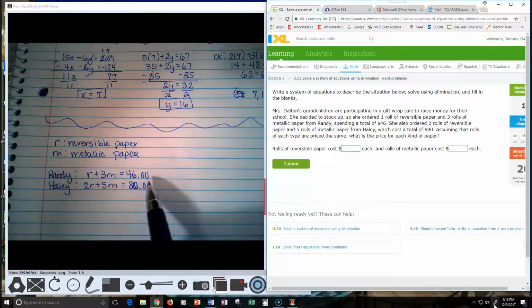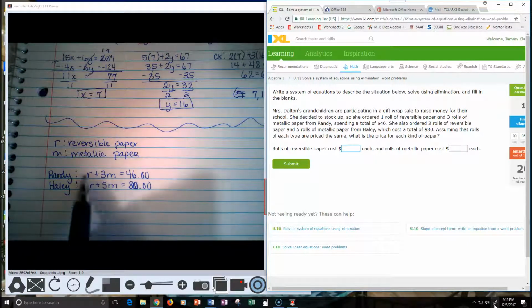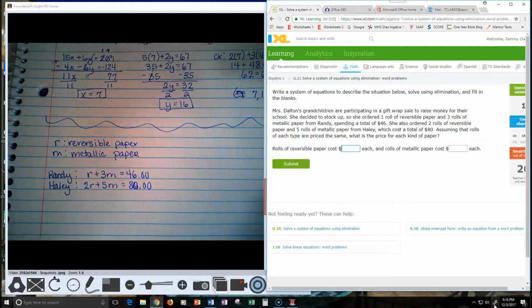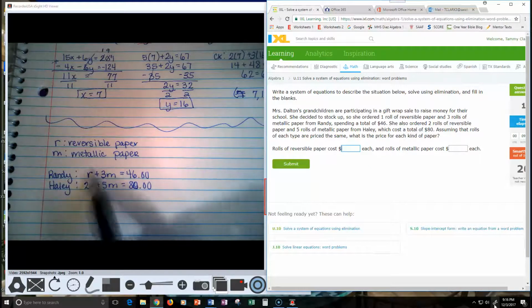They're in standard form, so step 1 is done. Step 2, however, is not done because everything is positive. We don't have any coefficients that are the same, so we're going to have to multiply to get them that way. And this time I think I'm going to eliminate the r's.